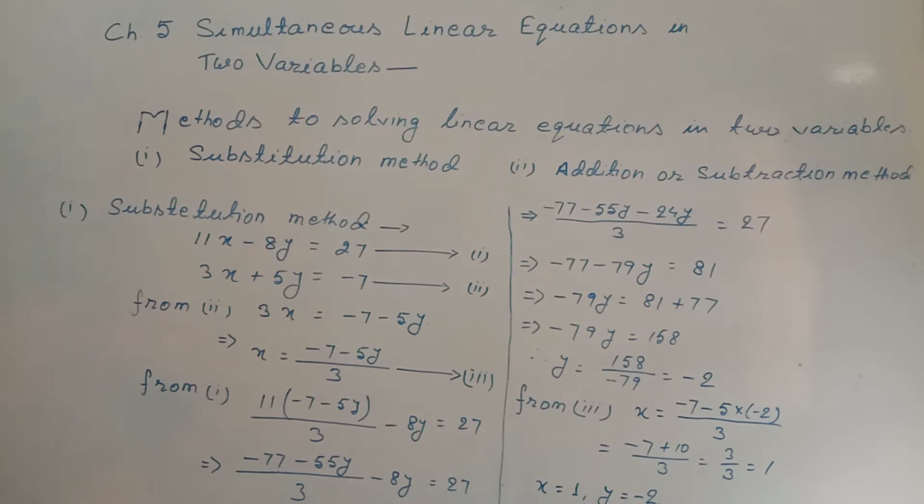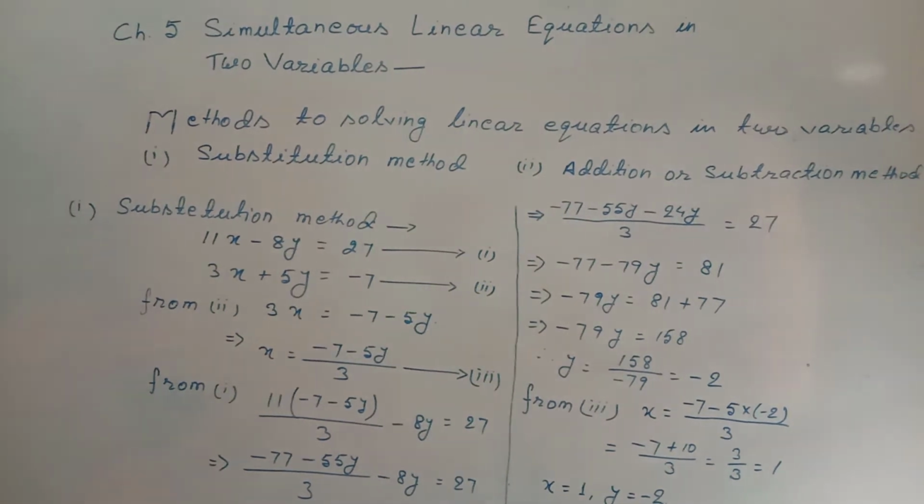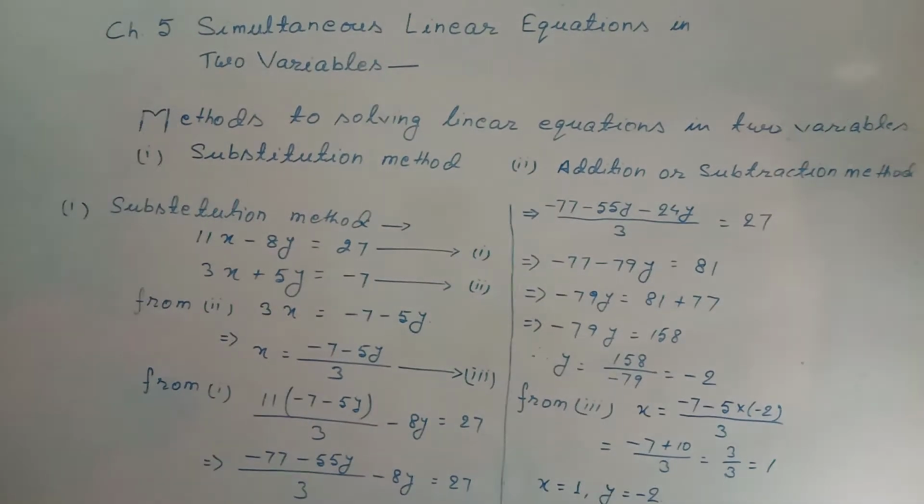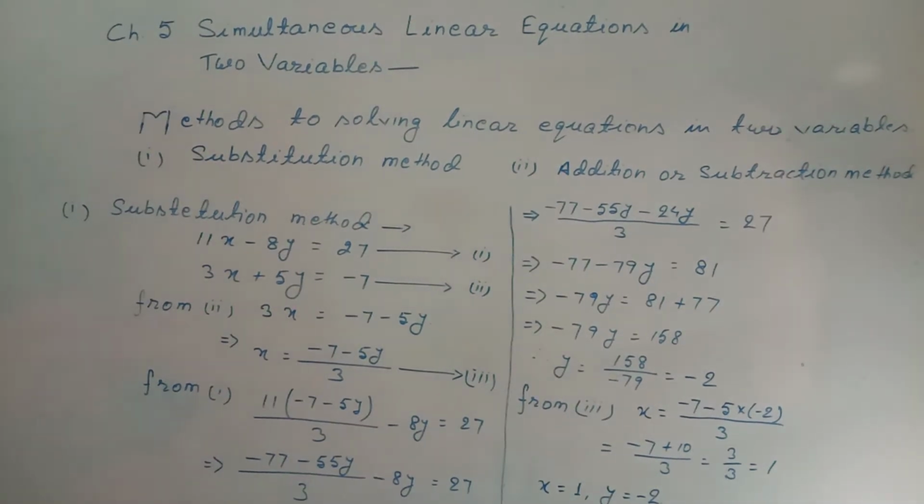Chapter 5 continues, that is simultaneous linear equations in two variables. In the last live class, I explained what linear equations are. Just I want to recall again. Linear equations are equations that have power 1, index 1 or exponent 1.